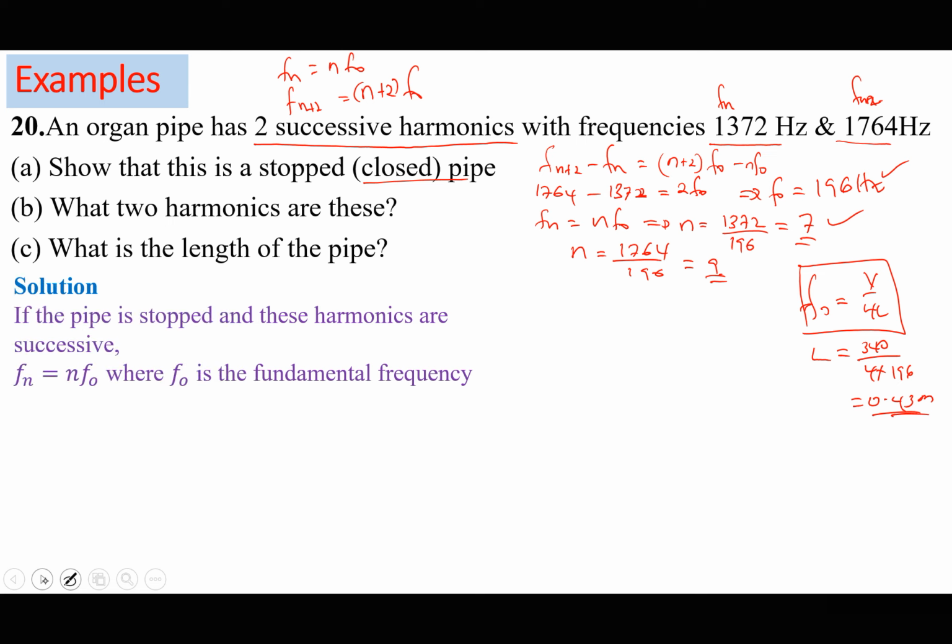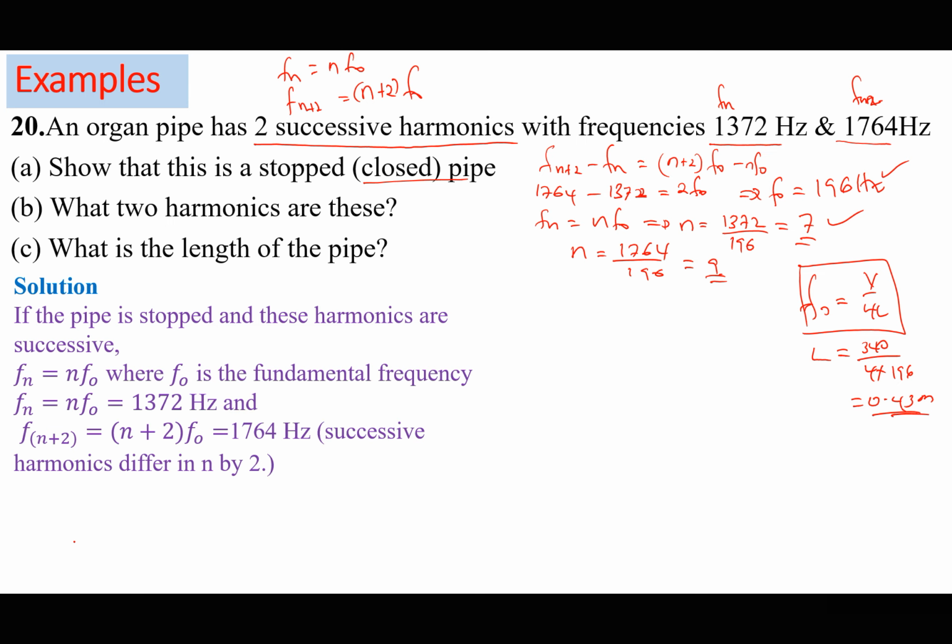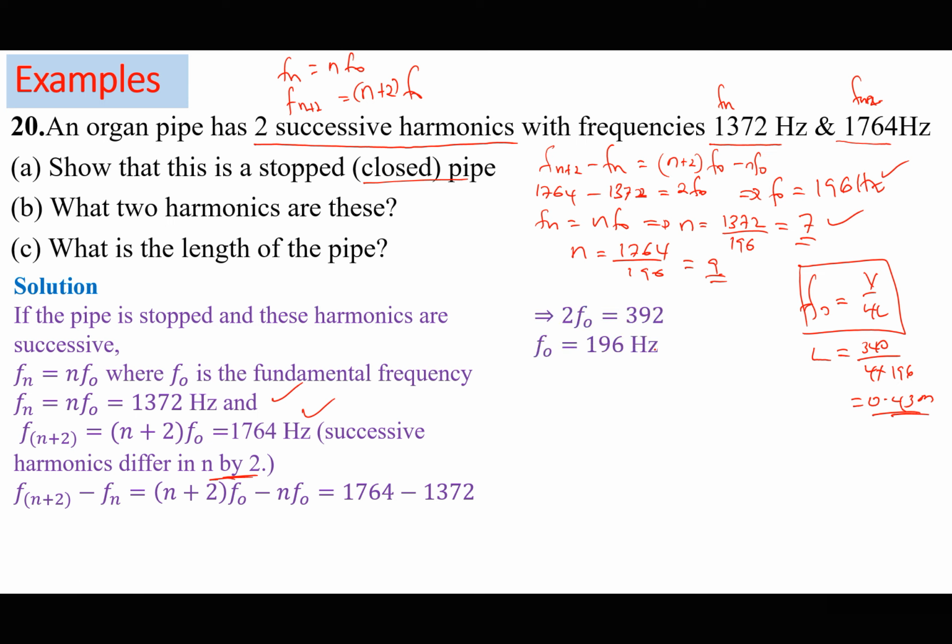So I tried to verify that it is closed. I got the first equation, the second equation, because successive harmonics in a closed pipe differ by 2, n differs by 2. So when I combine these, I was able to find the fundamental frequency, which was 196. Then I back substituted and I got n for the first frequency as 7. I've also checked n for the second one to be 9.